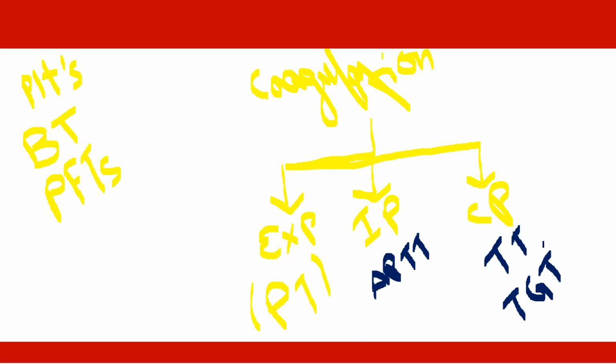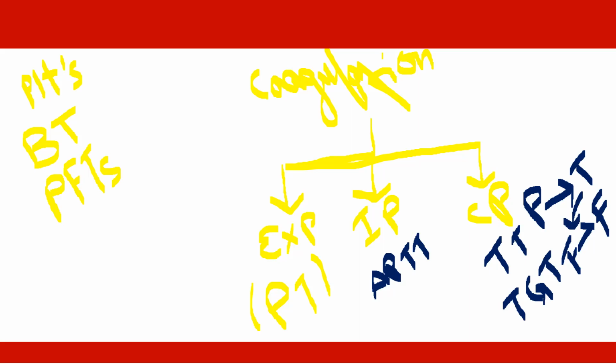Thrombin time will detect problems with the conversion of prothrombin to thrombin, whereas TGT, the thrombin generation test, will detect problems with the conversion of fibrinogen to fibrin.